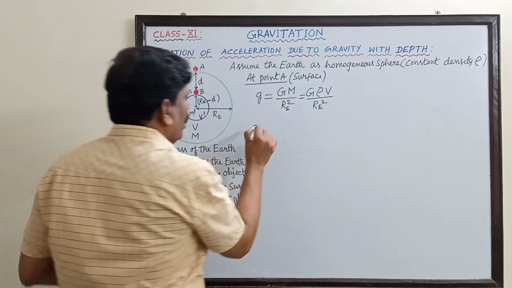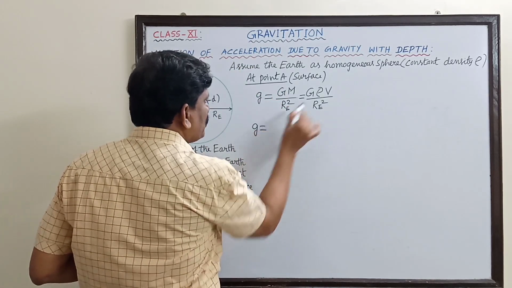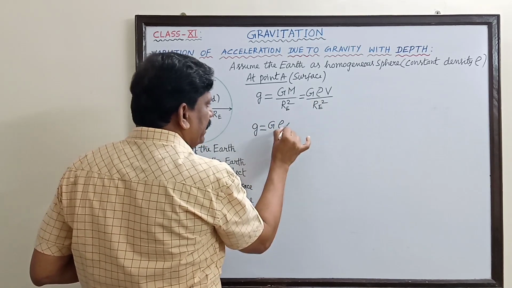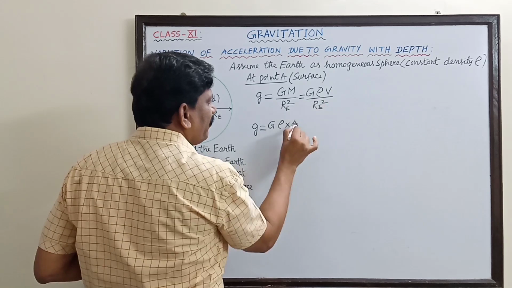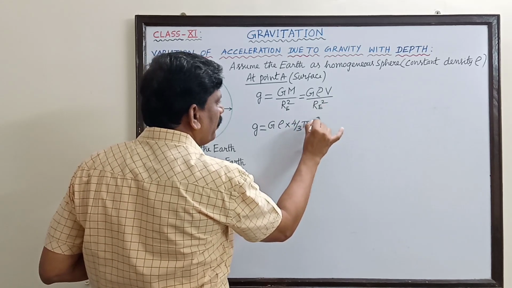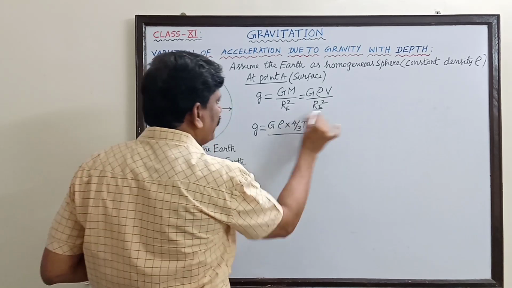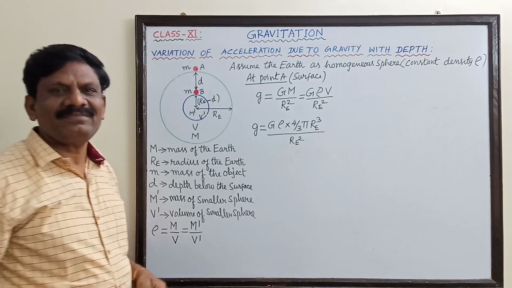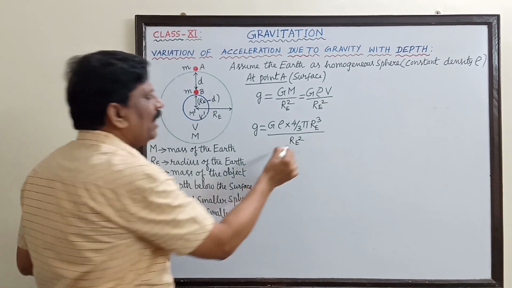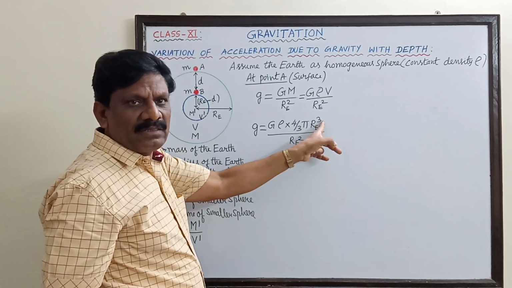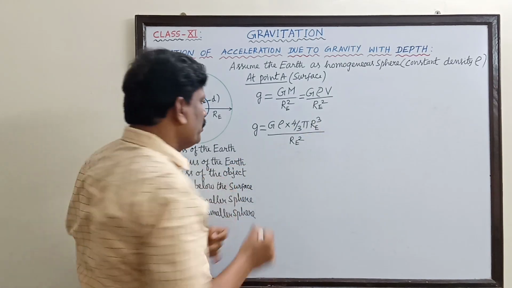So g is now equal to capital G into rho into 4 by 3 pi R cube, and this is whole divided by Re square. So this Re square gets cancelled with the power 3, so only Re will remain in the numerator.